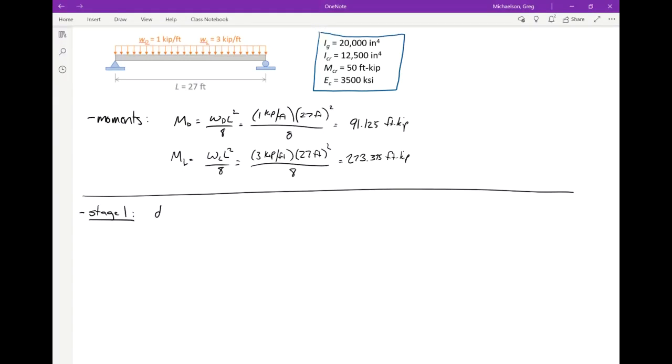So this is dead load only. So its MA is MD, which is 91.125 foot kips. Okay, so that's important right off the bat.